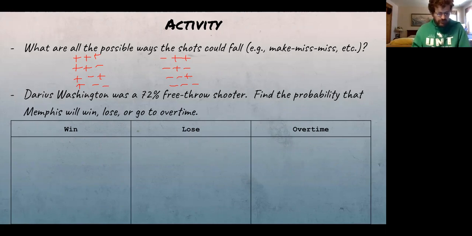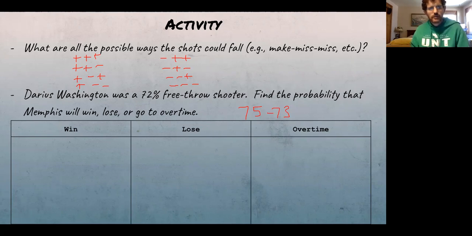We're now going to figure out the probability that Memphis will win, lose, or go to overtime. It's important to note, as said in the context at the beginning, that they were down by 2 points. Specifically, the score was 75 to 73.